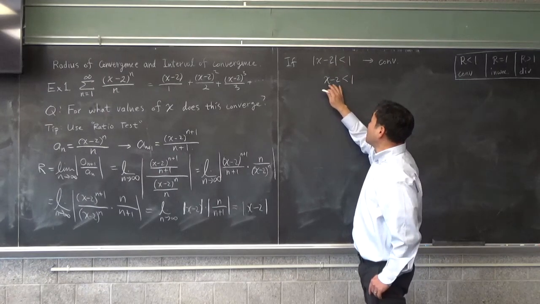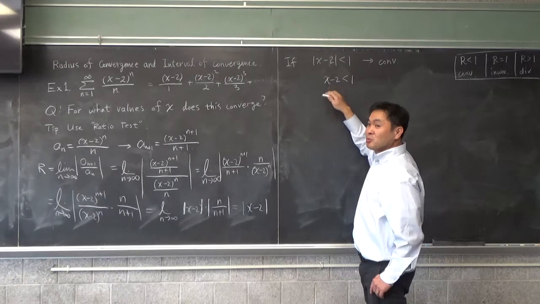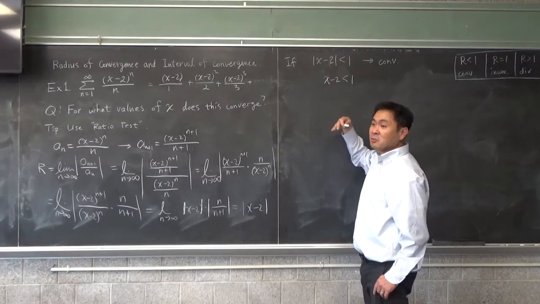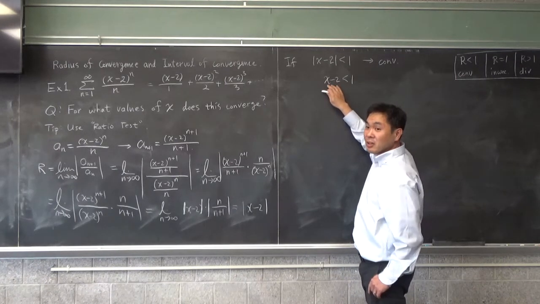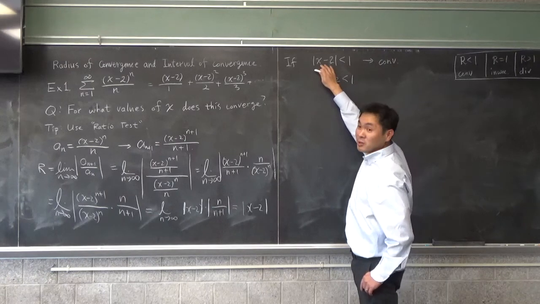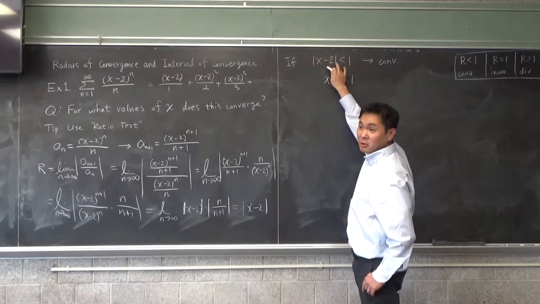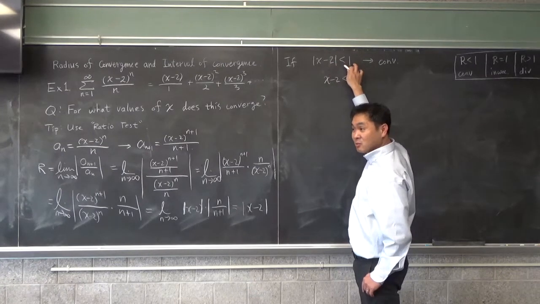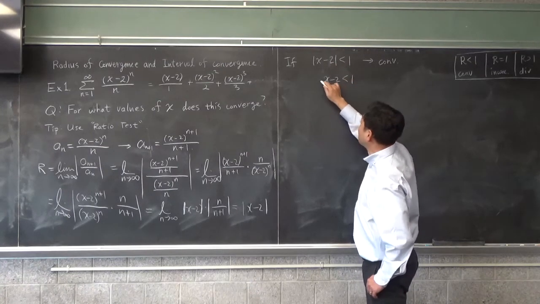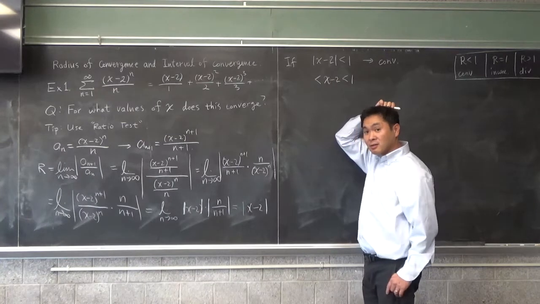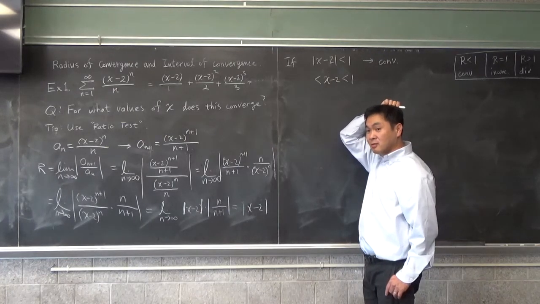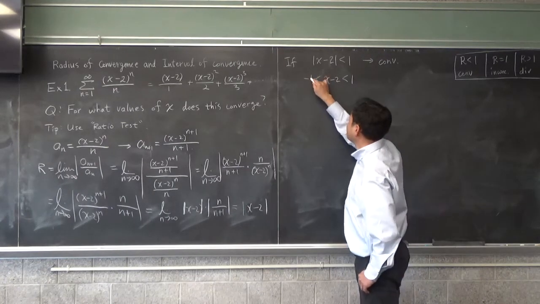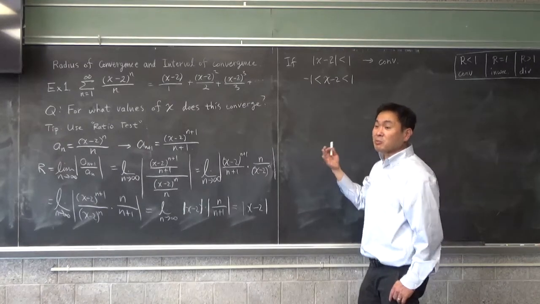However, this can't be too big of a negative number either, because if x minus 2 is negative 10 and you take the absolute value, you get positive 10, so it doesn't satisfy this, right? So this has to be at least what? Negative 1, right?